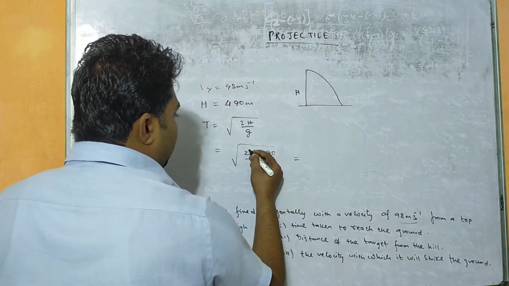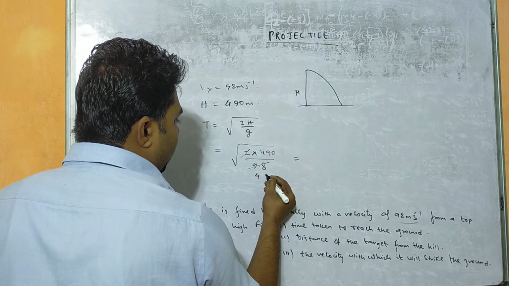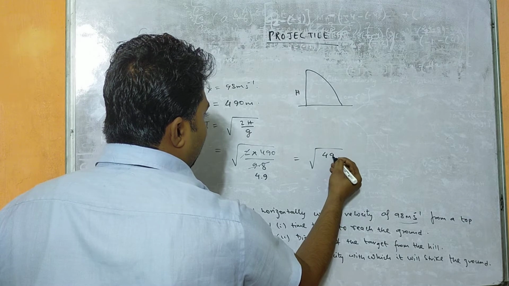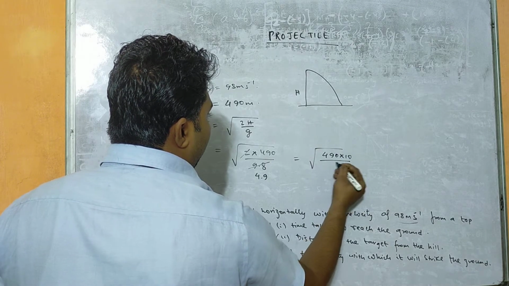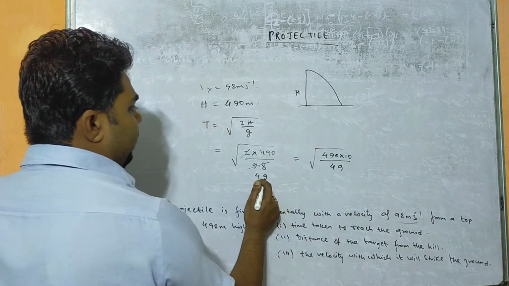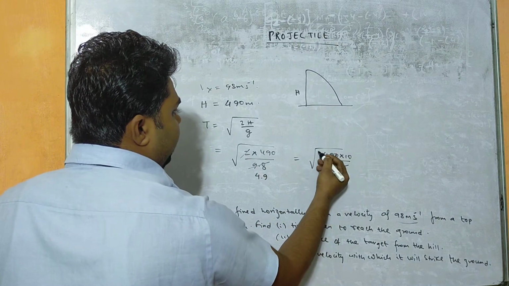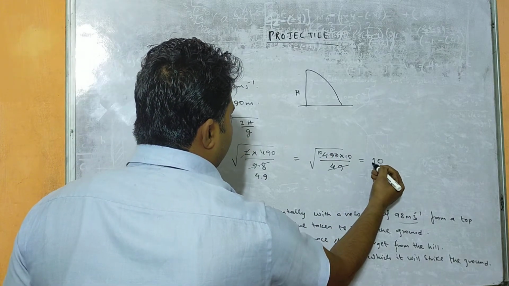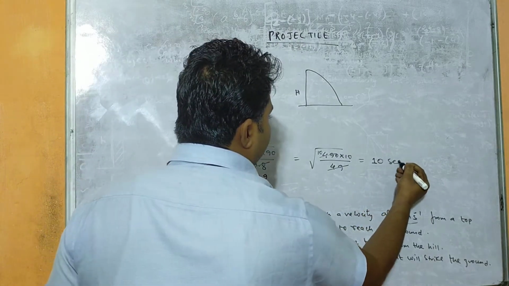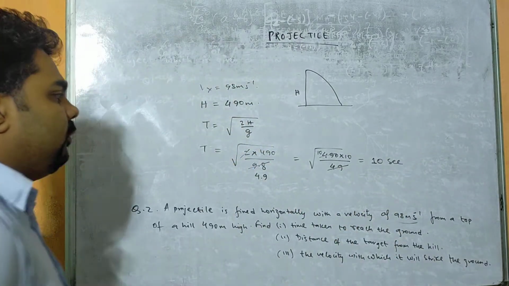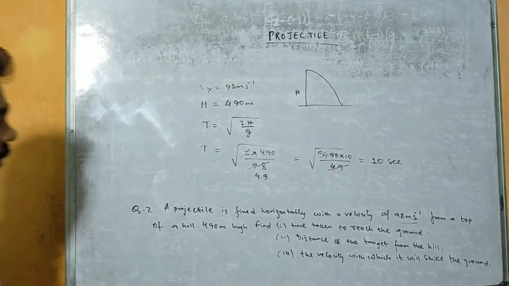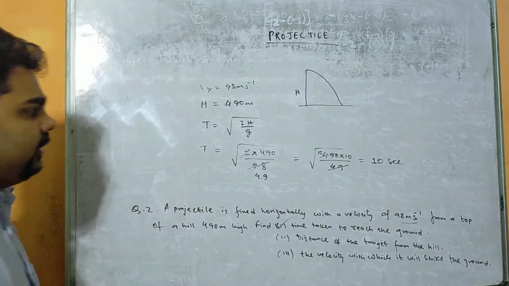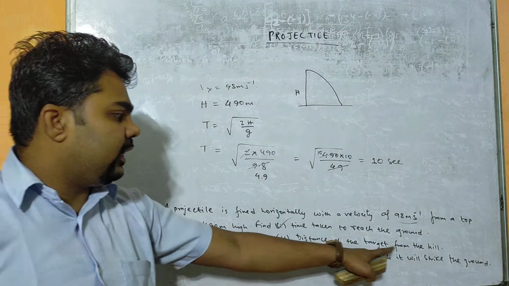So 2 into 490 by 9.8, or we can say 490 by 4.9, because when this decimal point is removed, 10 will be going out, 49 tens. So 10 into 10, square root, so it is 10 seconds. Okay, so what is the time of flight here? 10 seconds. So number 1 answer is 10 seconds.